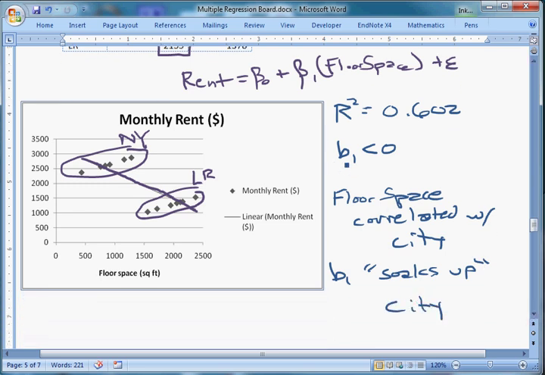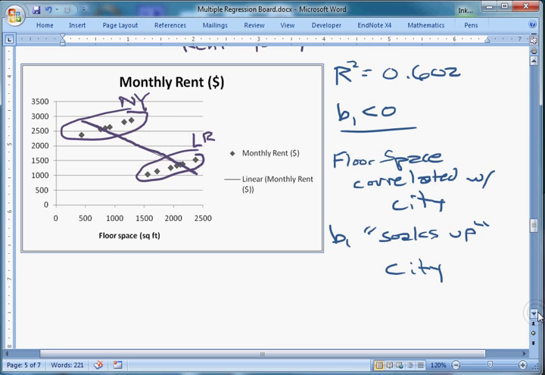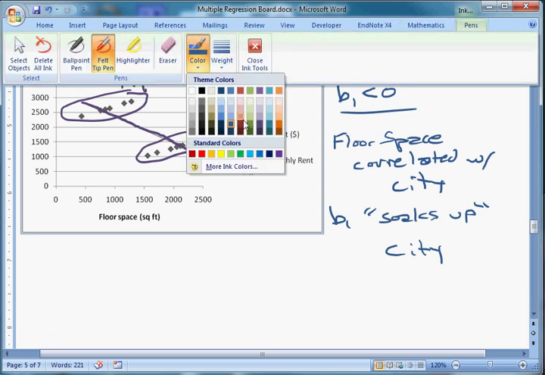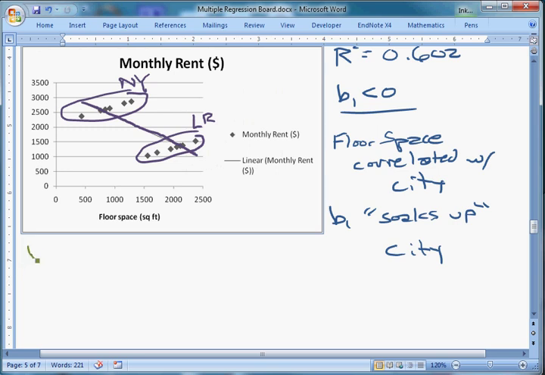So that negative B1 is really saying that bigger apartments rent for less than smaller apartments because they're in different cities. We're not including that, and so our estimate of the relationship between floor space and rent is negative because it's capturing something else. It's not the floor space that's driving it. It's the differing cities.